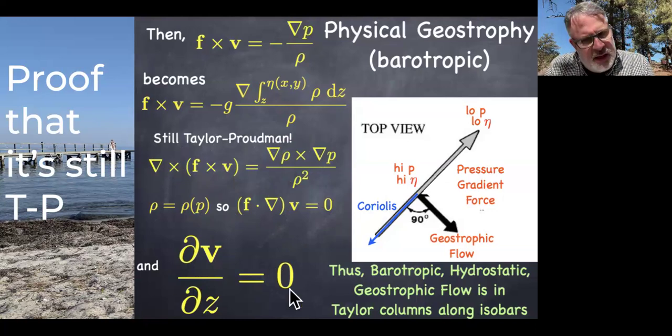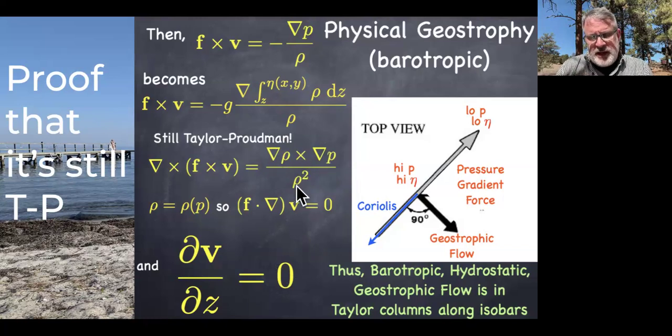So not only constant density fluids, but barotropic hydrostatic fluids are still in a condition where the geostrophic flow is in Taylor columns along the surface isobars. That's really pretty interesting, and it doesn't shear below, even though all that crazy density stuff is happening, because of the magic cancellation in the way that this term works out.